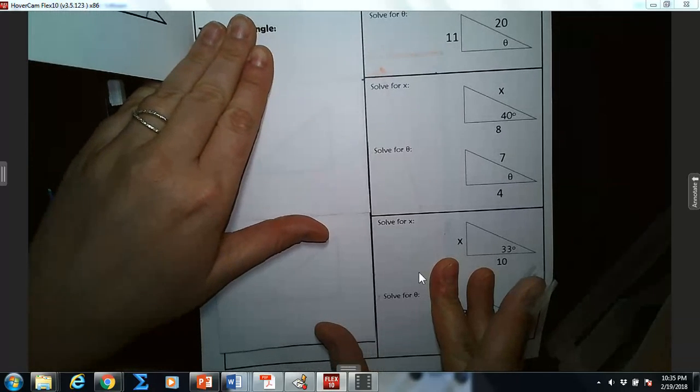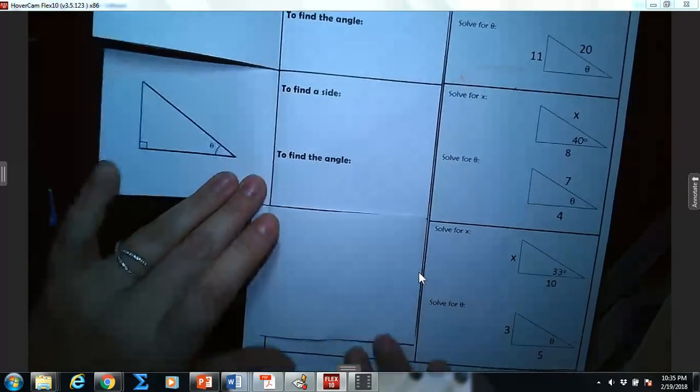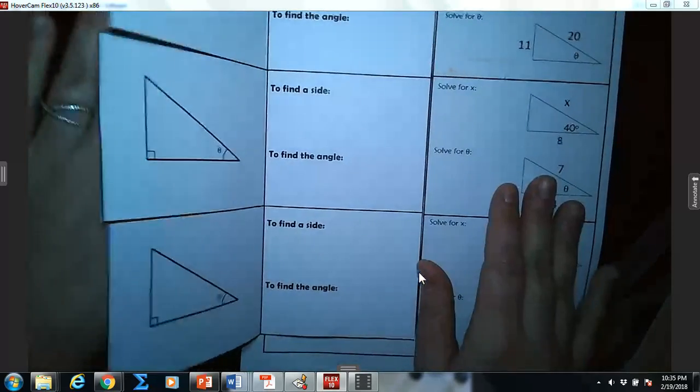Alrighty, line it up, tape it in place, and now I've got a three-fold note sheet here going across. I also have 3 different flashcards to use.